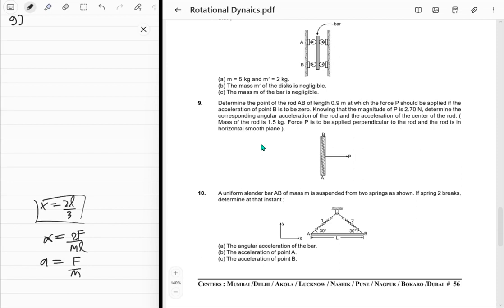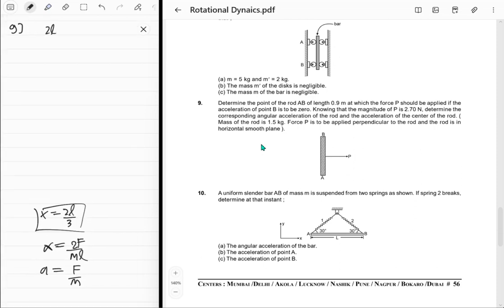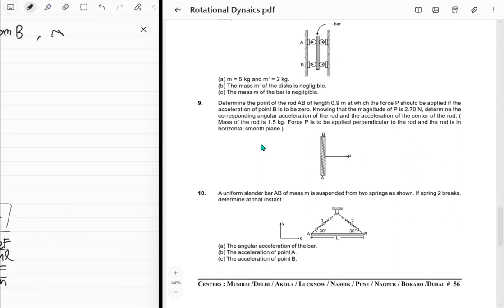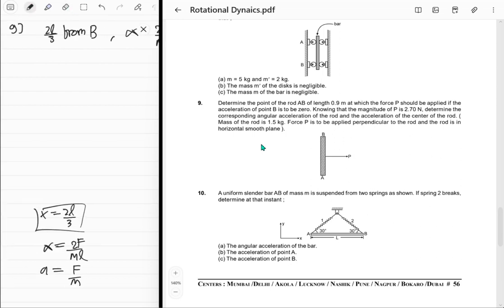So 2L upon 3 from B. And the angular acceleration, just put that in there: 2F upon ML, and the acceleration is just equal to F upon M.